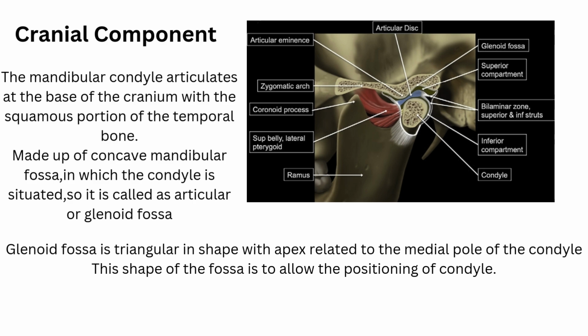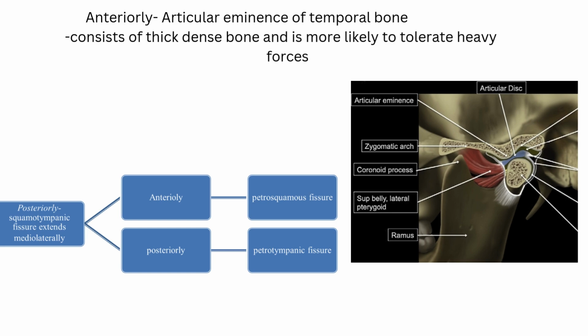This glenoid fossa is triangular in shape. If you see in the picture, this shape allows positioning of the condyle, and it is related to the medial pole of the condyle. Got it? Now, anteriorly, if you see in the picture, there is an articular eminence.